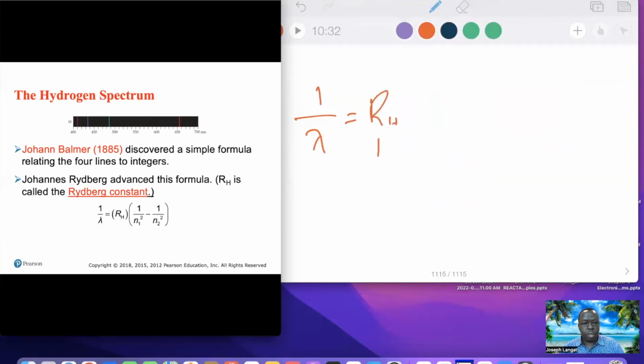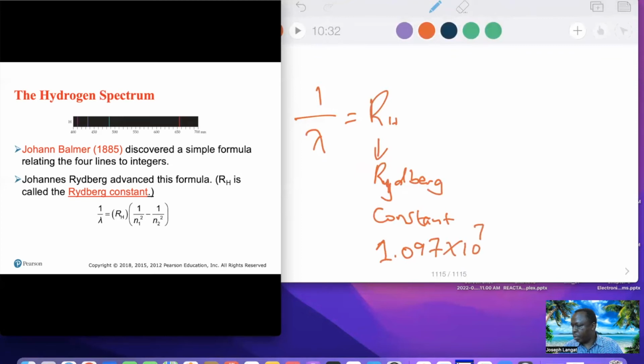We call this the Rydberg constant. Again, I'll give you that value, it is 1.097 times 10 raised to 7 per meter. Please remember the units. It's per meter.